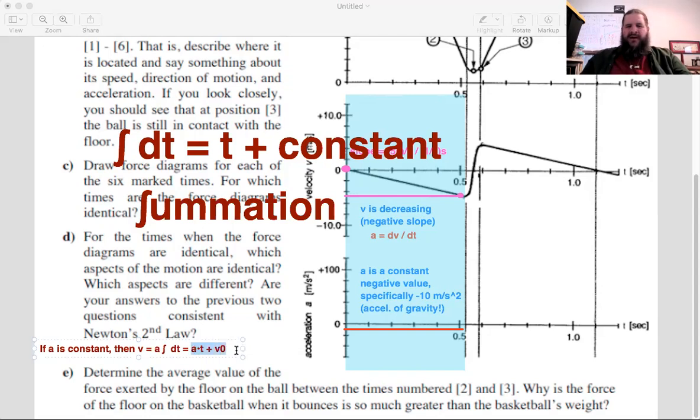And what would you get if you graph that? If you graph v equals a constant times t plus a constant, what shape does that create? If you just graph a constant times the input plus another constant, what shape does that create on a graph?